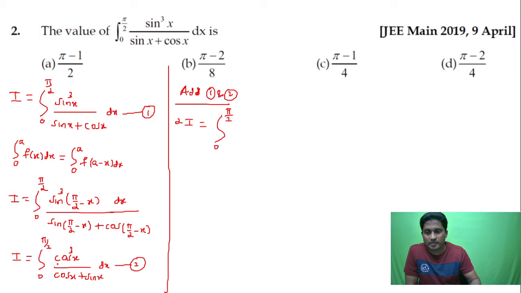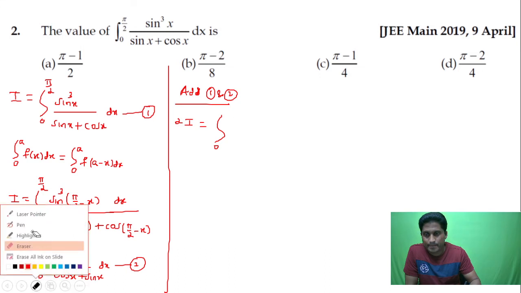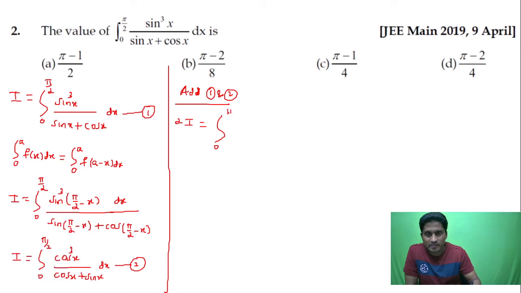I'm going to take the LCM as sine plus cos. So the numerator becomes sine cube x plus cos cube x, and then dx.